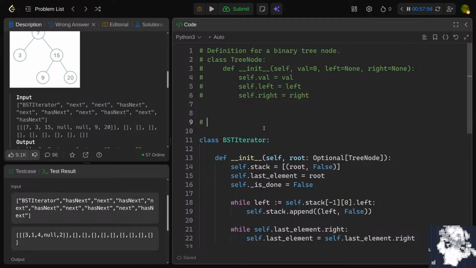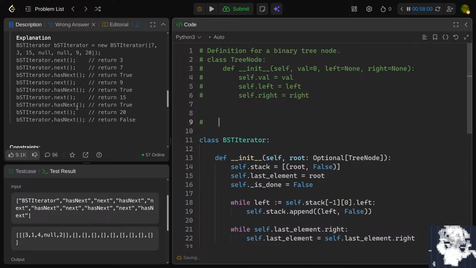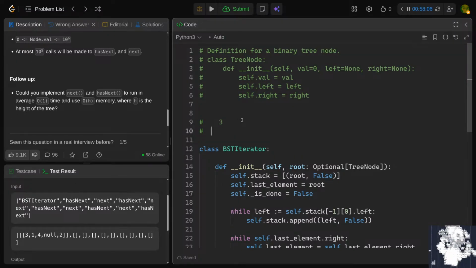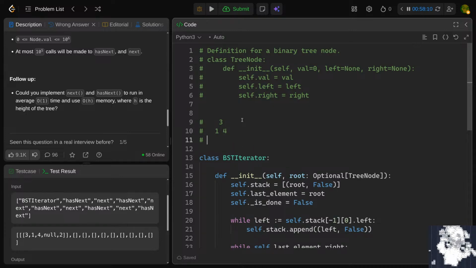So in this example, it would be 3, 1, 4, null, 2, and then null, null.